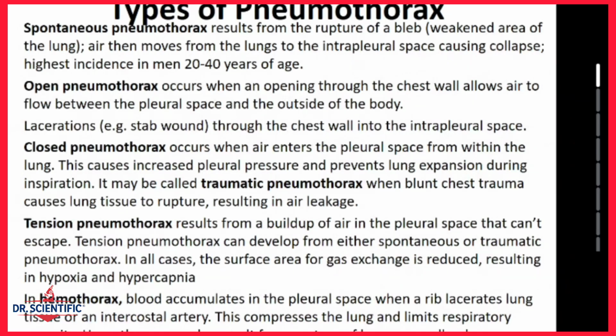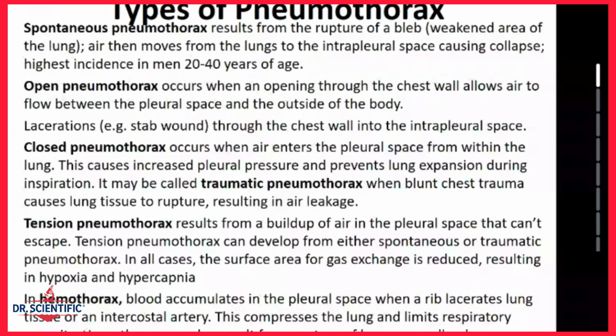Then we have the open pneumothorax and the closed pneumothorax. The open pneumothorax comes in as a result of an opening created through the chest wall, and it's going to allow air to flow between the pleural space and the outside of the body.